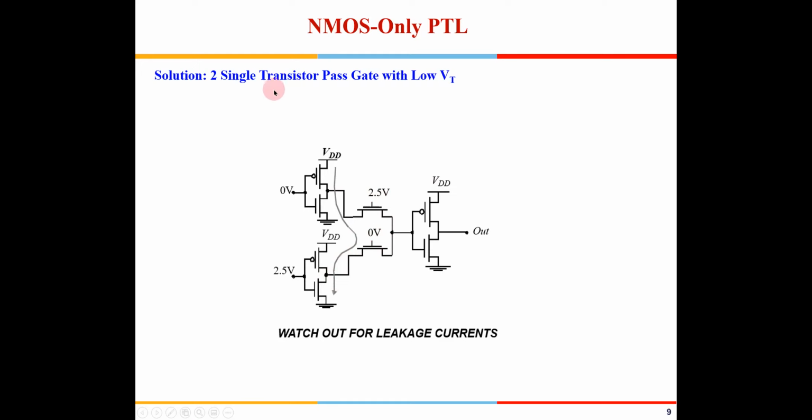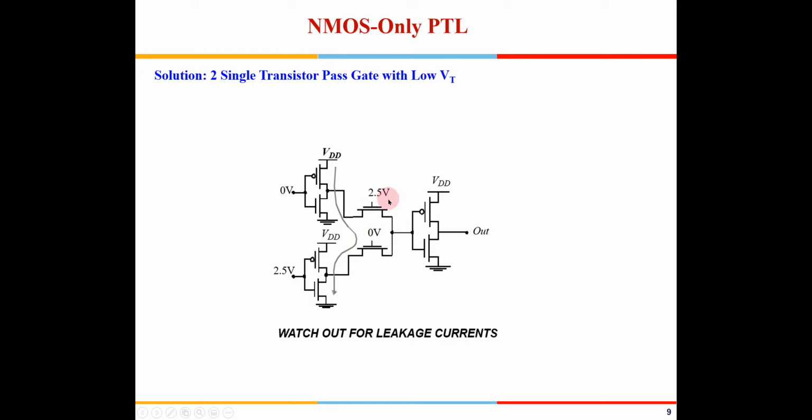That is a normal thing which can happen anywhere if you use pass transistor gates with low VT, right? If you use low VT, this voltage will become close to VDD. The problem here was that the voltage available here is VDD minus VTN. Now if you reduce VTN, this will get close to VDD, so that resolves the problem. But low VTN always causes a leakage current.